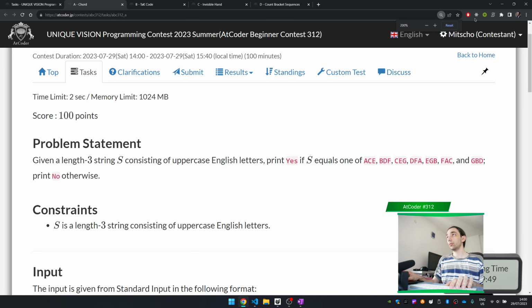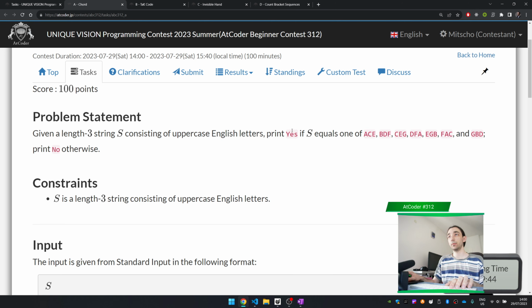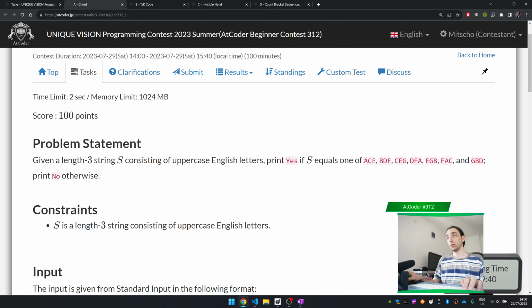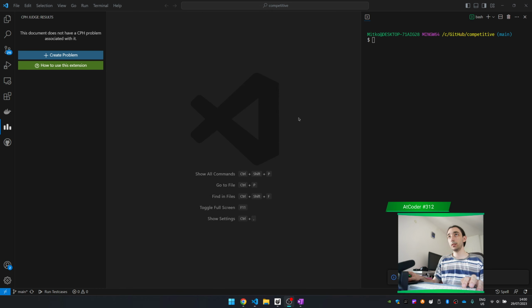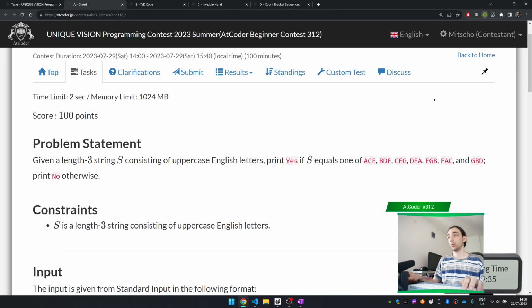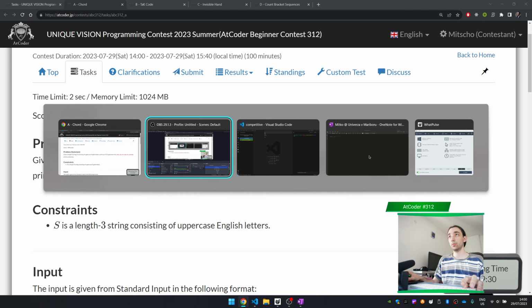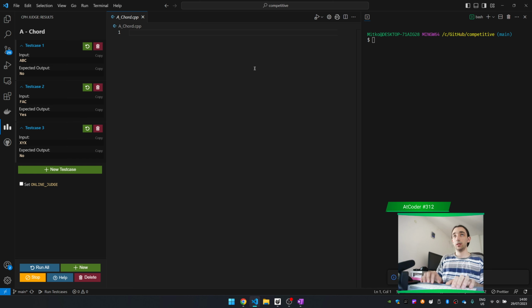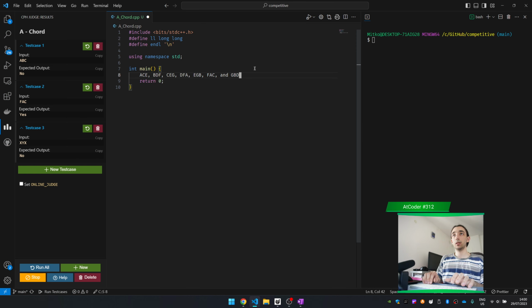Okay, so task A, given a length 3 string, print yes if it's equal to one of these, otherwise print no. So what I will do is, when I see something like this, I can just copy these and put them in some array.